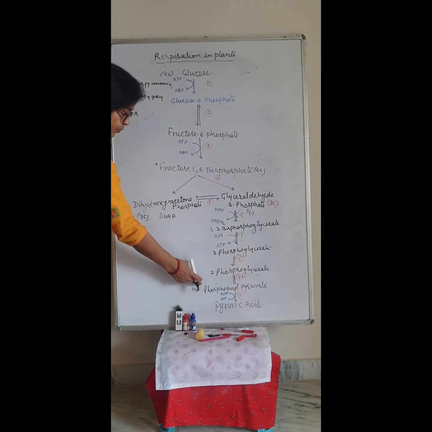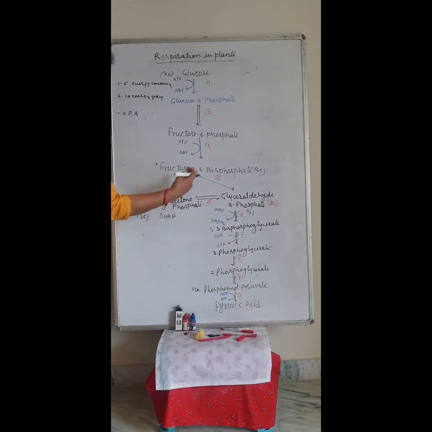1 ATP here, 1 ATP here, and for the 2 pyruvic acid, these reactions go on twice. So total 4 ATP we get. But 2 ATP are consumed.